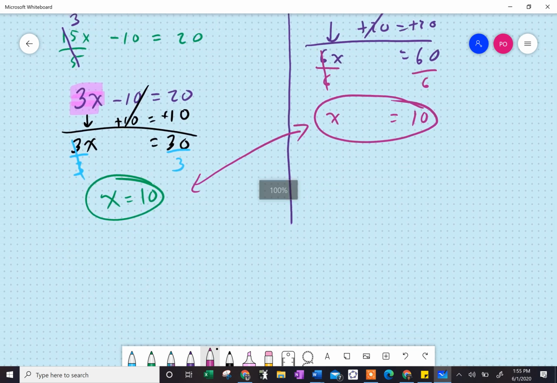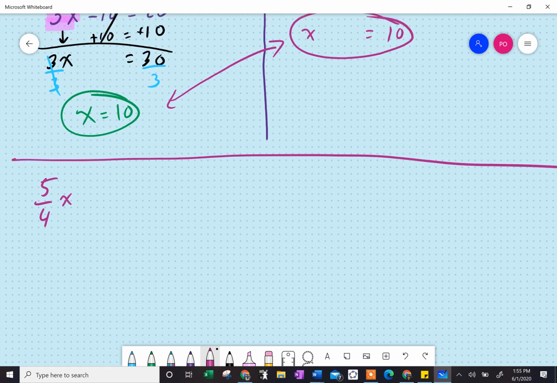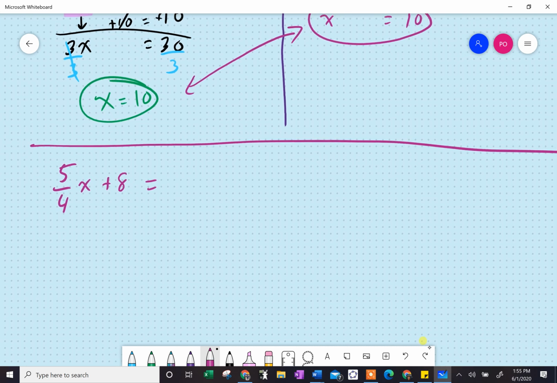All right, so I'm going to do another example. Let's do 5/4 x plus 8/3 equals 12.